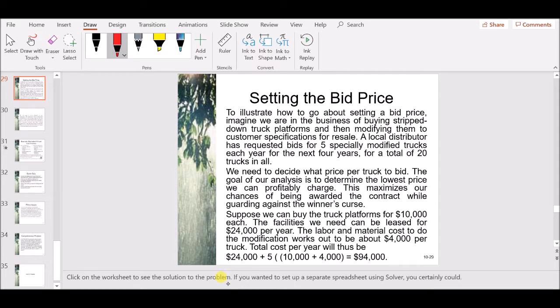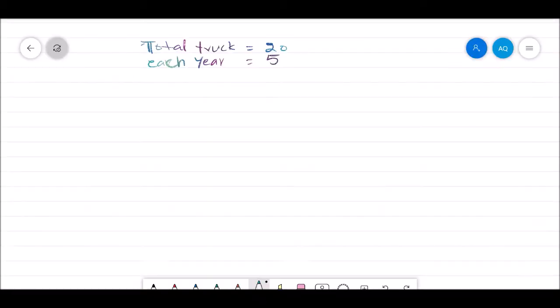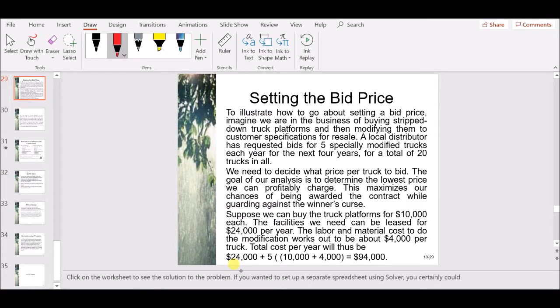Suppose we can buy the truck platform for 10,000 each. So our platform cost is 10,000 each. The facilities we need can be leased for 24,000 per year.